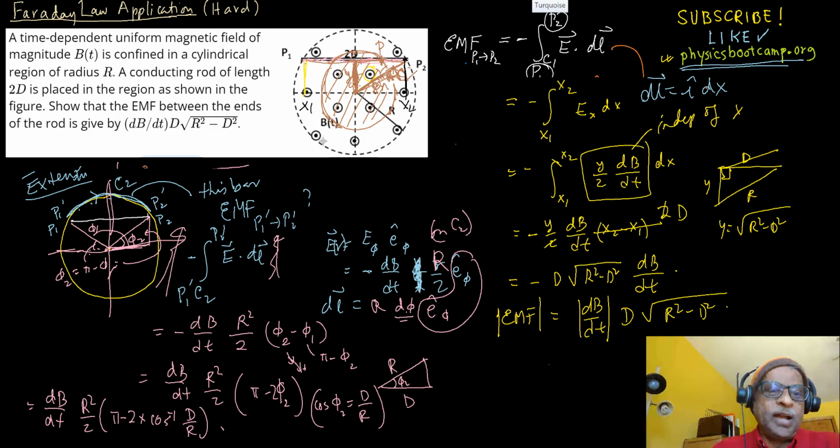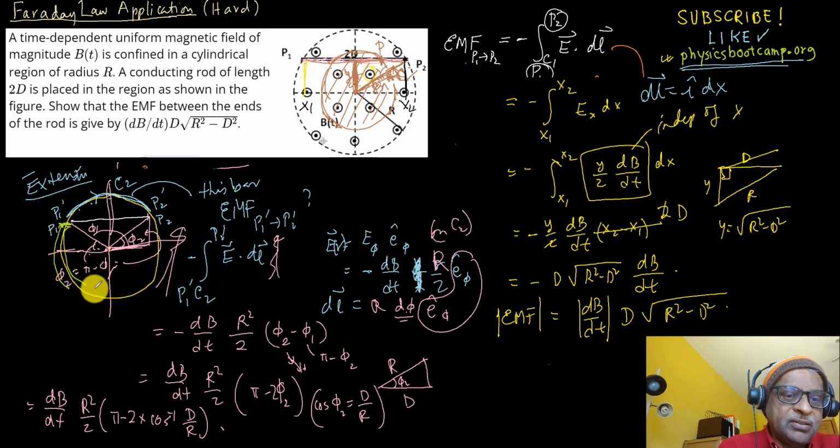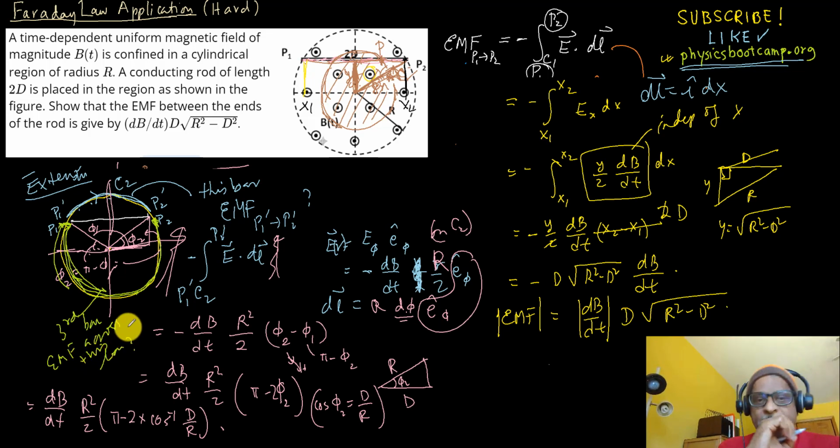Maybe you want to do some other shapes. Say you put a bar which goes from here all the way there. So this is another third bar. What's the EMF across this bar? Now you can do that. That's another extension.